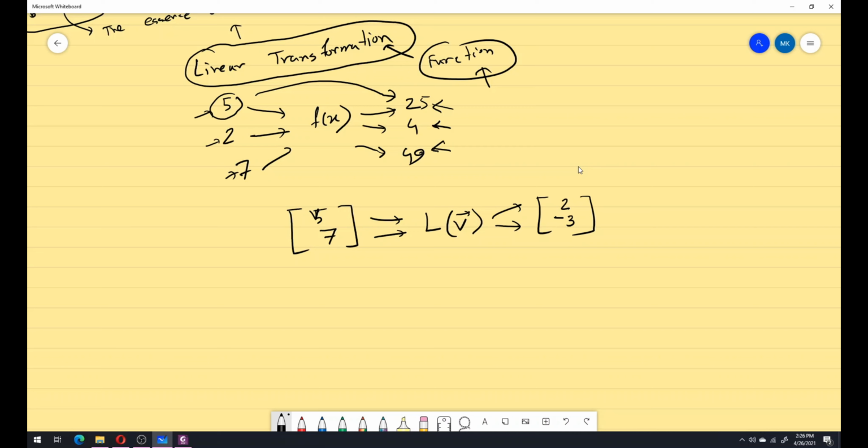So why do we use this term transformation? Why not use function? Transformation gives you an abstract idea of movement.